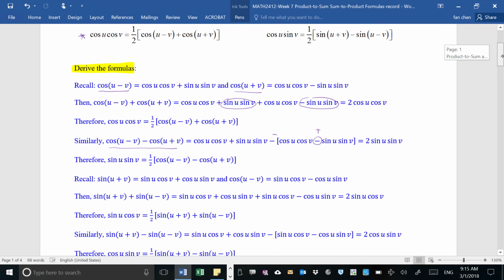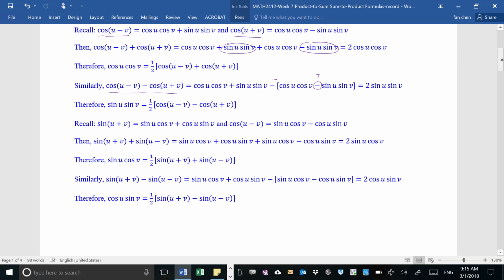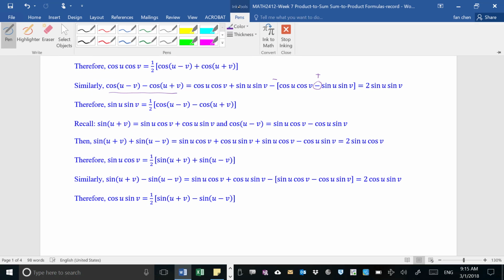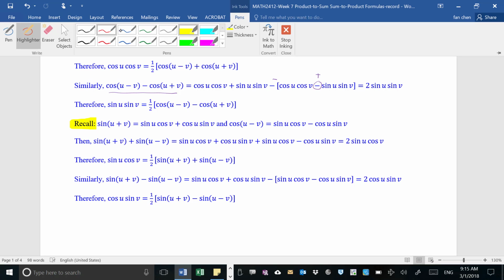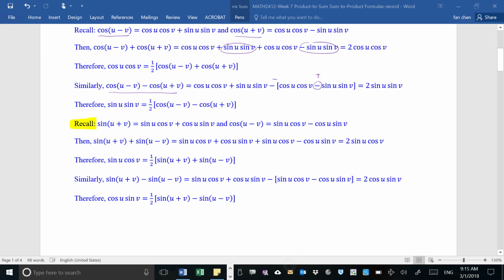And let's recall also the sine of the sum and difference of two angles formula. So sine u plus v is equal to sine u cosine v plus cosine u sine v, and that is a typo, I apologize for that. Sine u minus v is equal to sine u cosine v minus cosine u sine v.